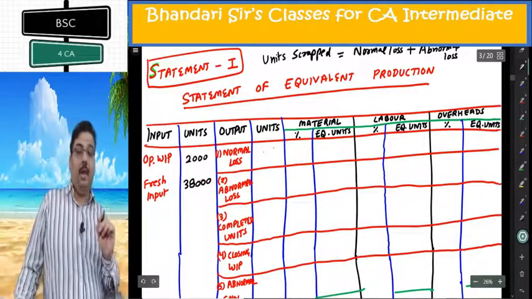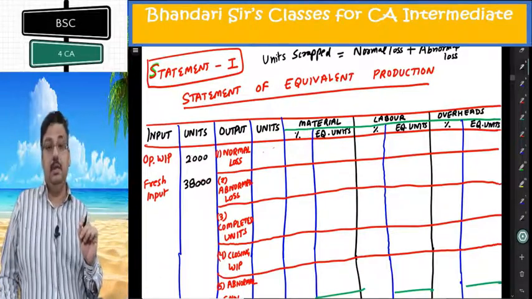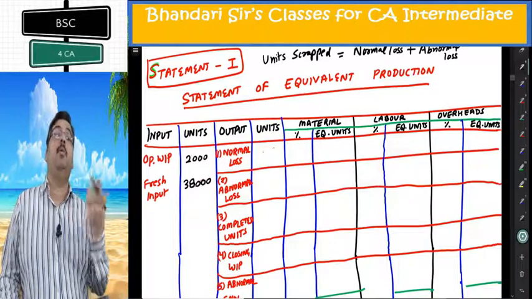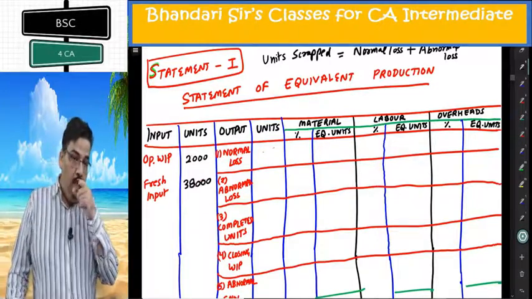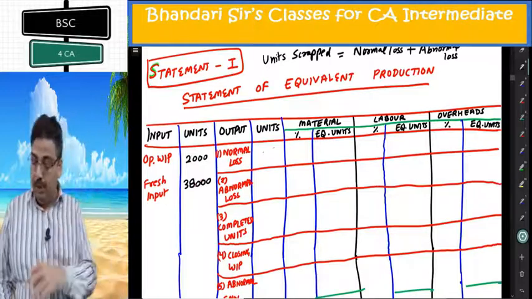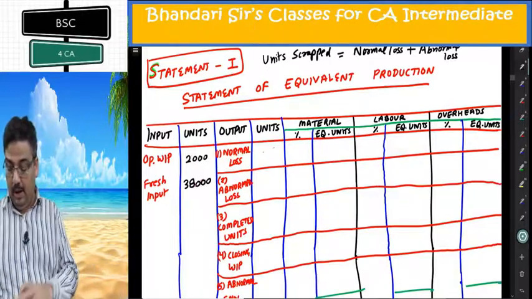If units scrapped are lesser than normal loss, there will be abnormal gain. Means if abnormal loss is negative, it becomes abnormal gain. So be sure 3000 will not come anywhere.